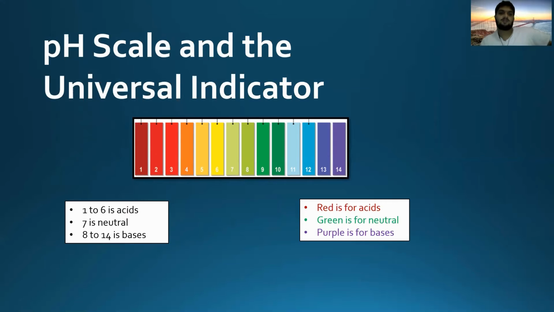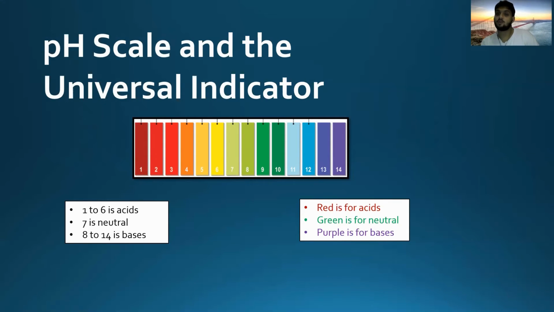This is the pH scale. The pH scale has numbers varying from 1 to 14. If you want to find the pH of a substance, you insert a probe. There's something called a pH probe, and it will give a meter reading. If the pH meter gives a reading between 1 and 6, then they are acids. If it gives a pH of 7, it will be water, which is neutral.